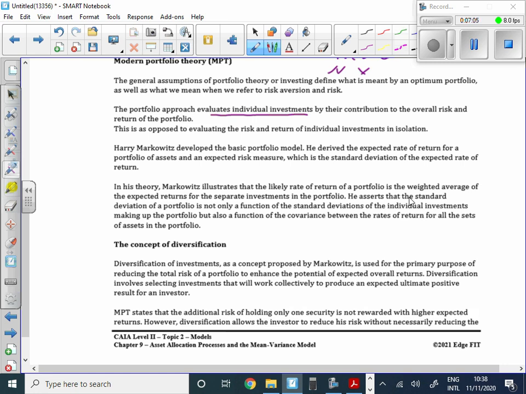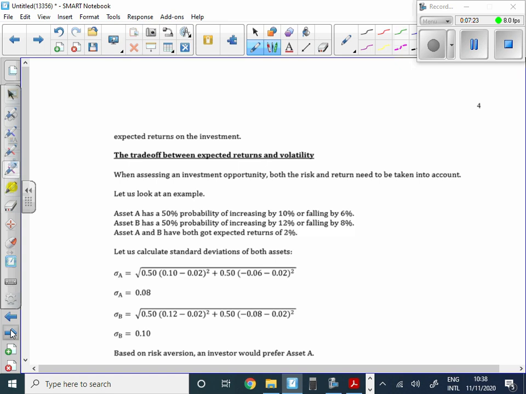You will be left with systematic risk, which are the risks of the system, things like the economy, interest rates, foreign exchange rates, etc. Of course, these cannot be diversified away. That's just a basic intro, guys. You're all, I'm sure, very familiar, particularly coming out of CAIA level 1, with those particular concepts.